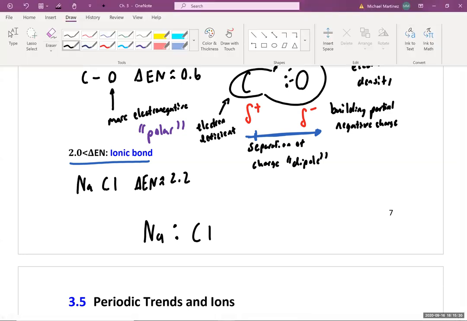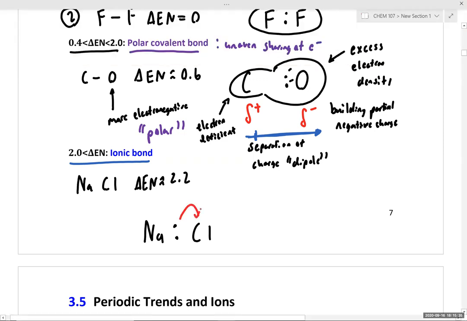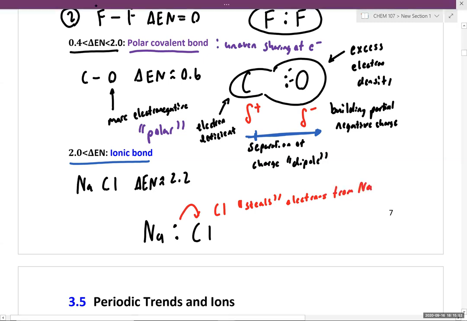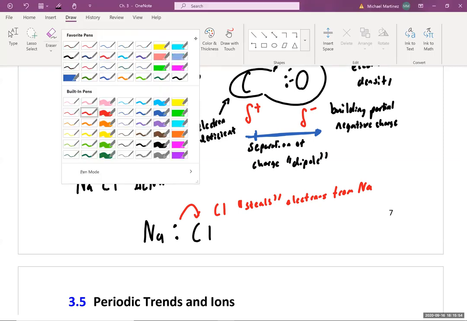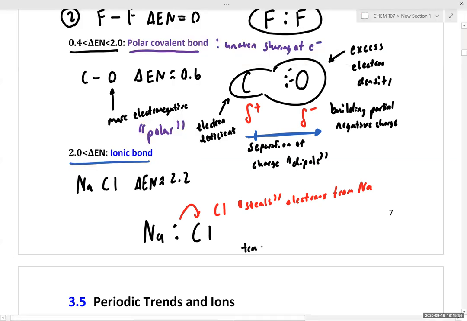So chlorine is so overwhelmingly electronegative that rather than a sharing of electrons, chlorine, quote unquote, steals the electrons from sodium. So rather than a sharing of electrons, we instead have a transfer of electrons to generate ions.